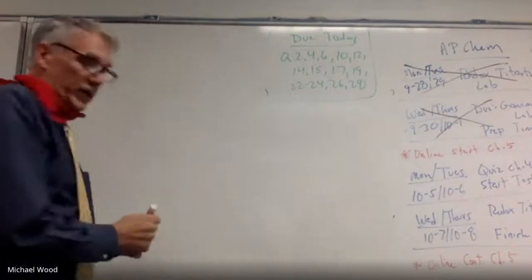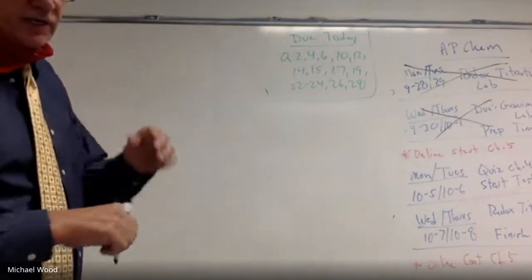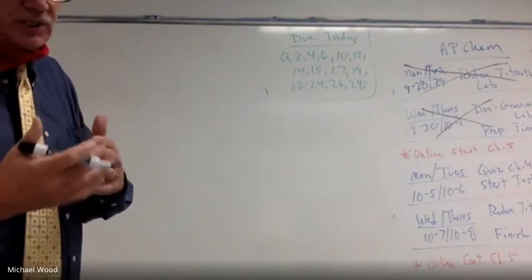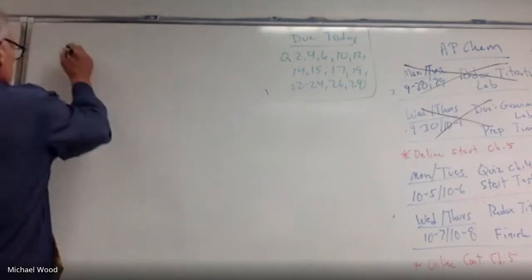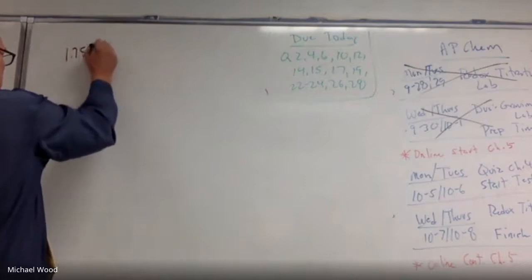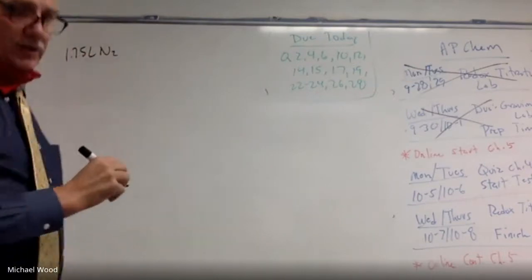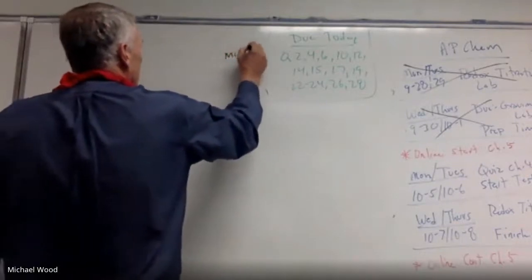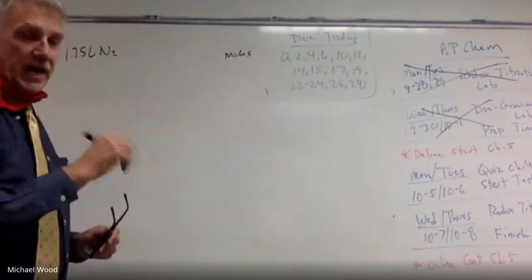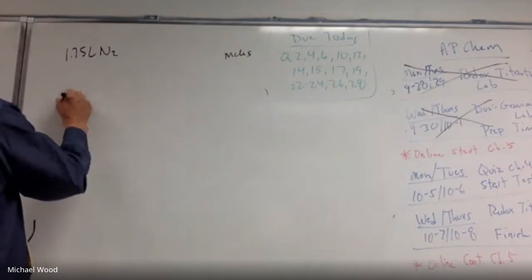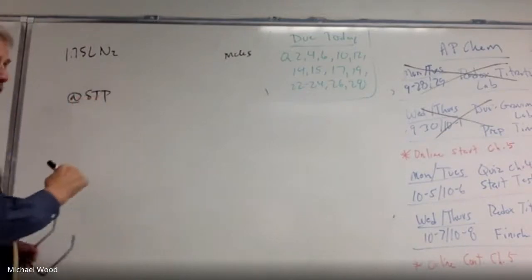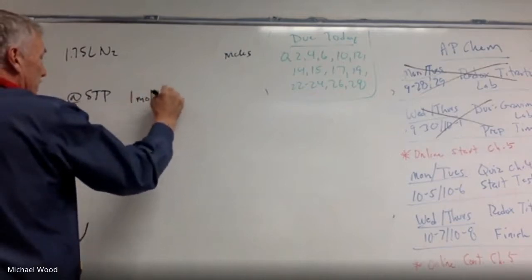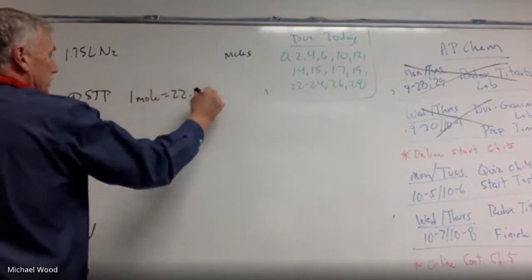Okay, so one way to do this, we're trying to find the moles. Now, to me, this is the way I always do it, the easier way. If I have 1.75 liters of nitrogen and I want to solve for the moles, because the problem says it's at STP, and only at STP, I can do this with just a conversion that 1 mole of any gas occupies 22.4 liters.